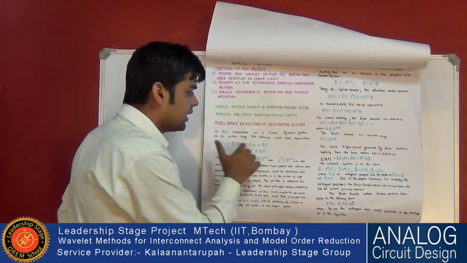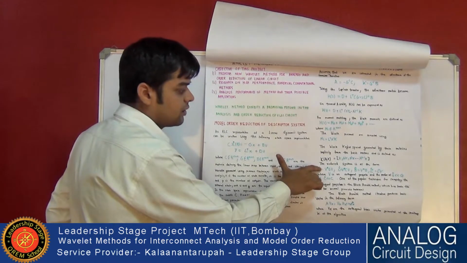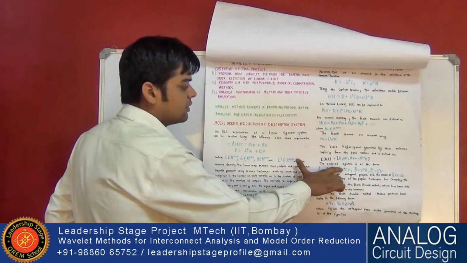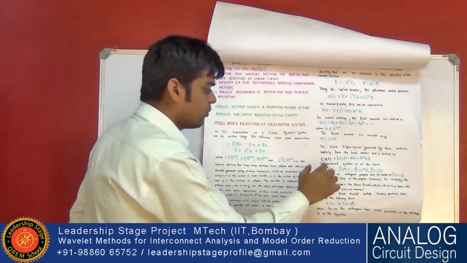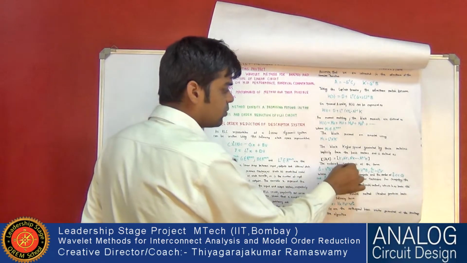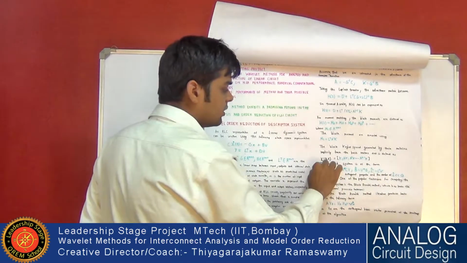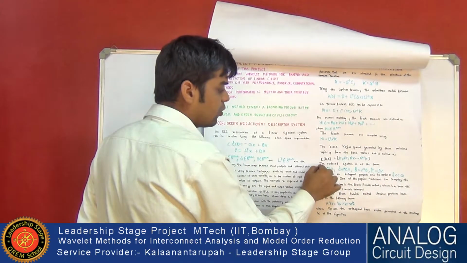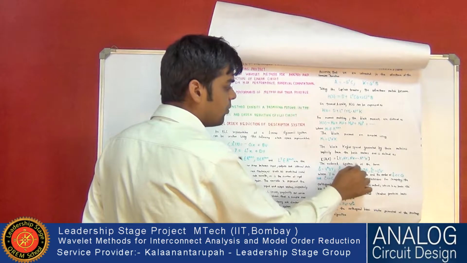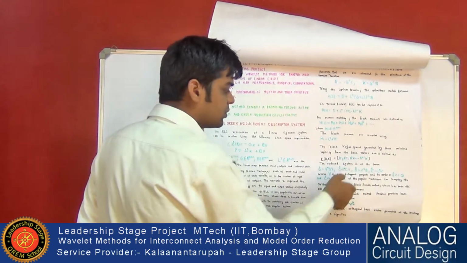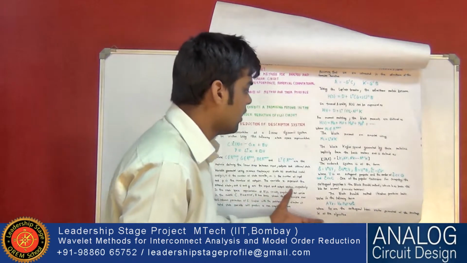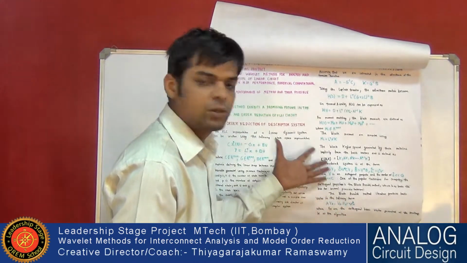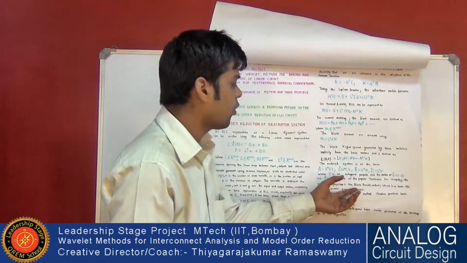Then this G and C are represented by C hash and G hash. The notation, I don't know exactly what it is, C raised to hash. So this is reduced, and one more popular, if you are using the moment matching approach, more popular is the block Arnoldi method.